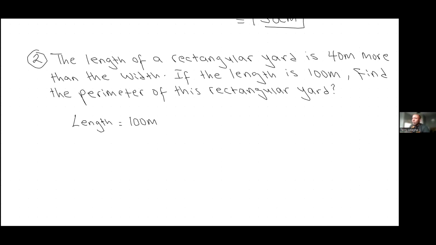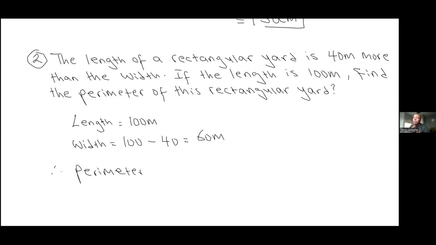So the width will now become 100 minus 40, and that will give us 60 meters. So you can see the width is 60 meters, 40 meters less than the length. Also, you can see that the length is 40 meters more than the width.